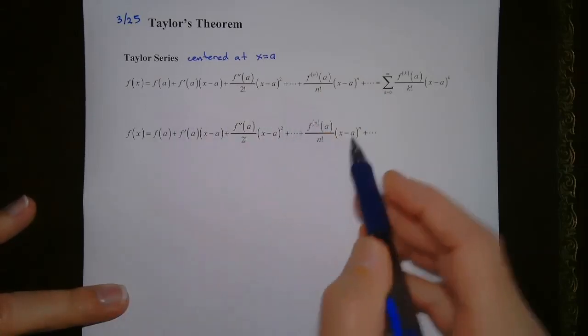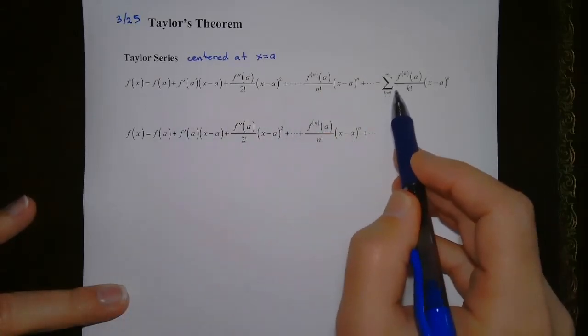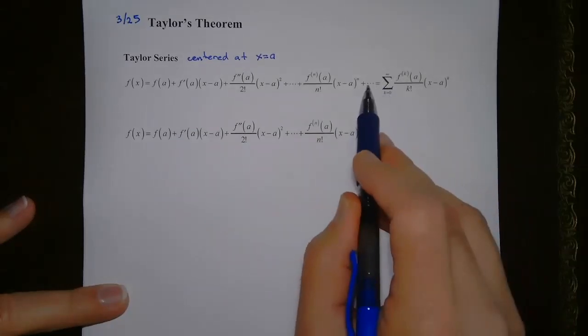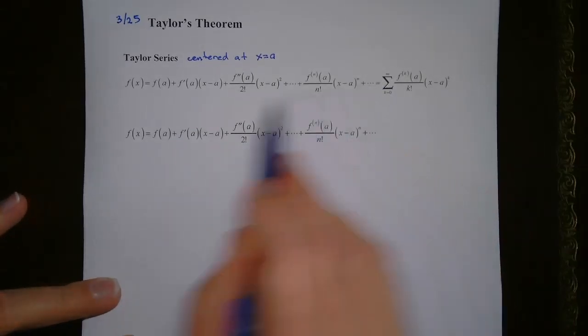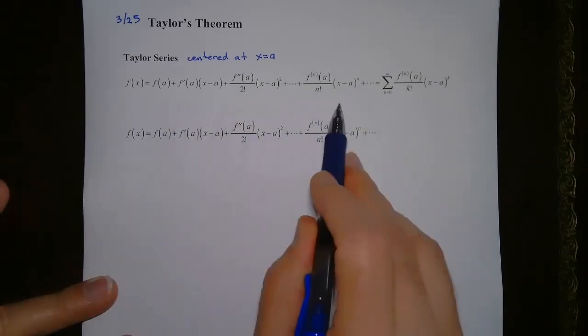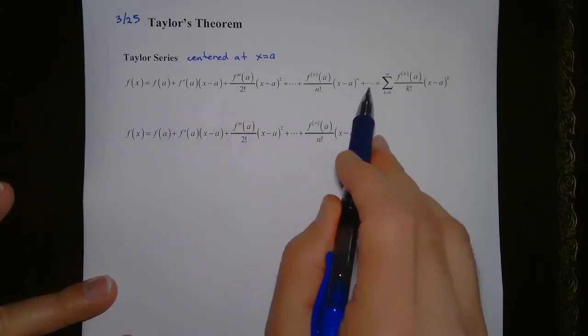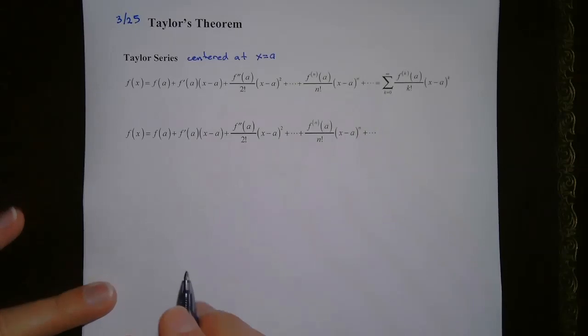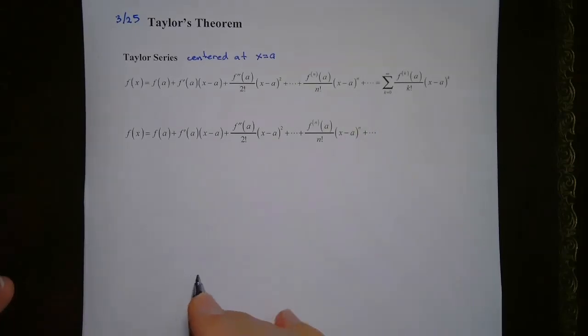This is the Taylor series in sigma notation, and we have to go forever for it to be the Taylor series, and for the function and the Taylor series to be the same, we have to go to infinity.